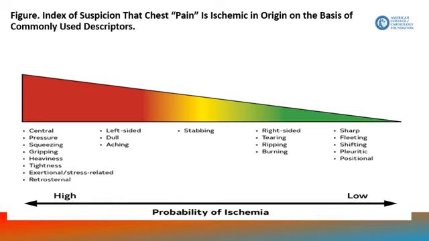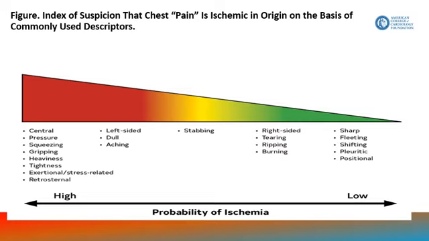So this is according to the age. The criteria of the pain, the site of the pain, increase or decrease the probability of ischemia, just the character of the pain and site. If it's a central pressure in character, or squeezing, or gripping, or heaviness, or tightness, and stress related or exertional, and retrosternal, this increases the probability.